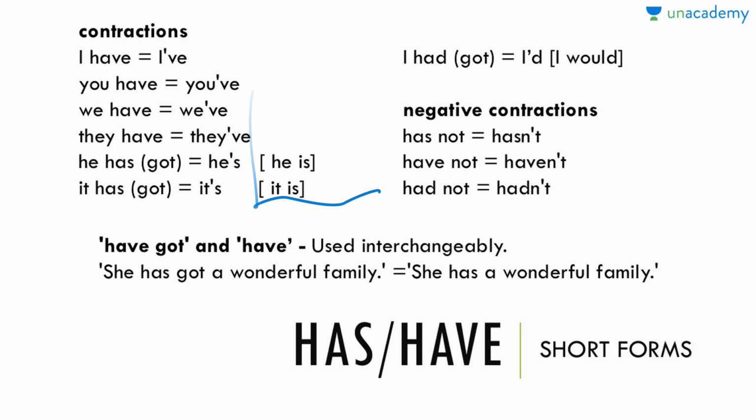But here an important thing to note is that even though the contraction for he has got or he has is he apostrophe s, it's actually also a contraction for he is. So you have to be careful whether when somebody is using he apostrophe s, whether they're saying he has or whether they're saying he is.